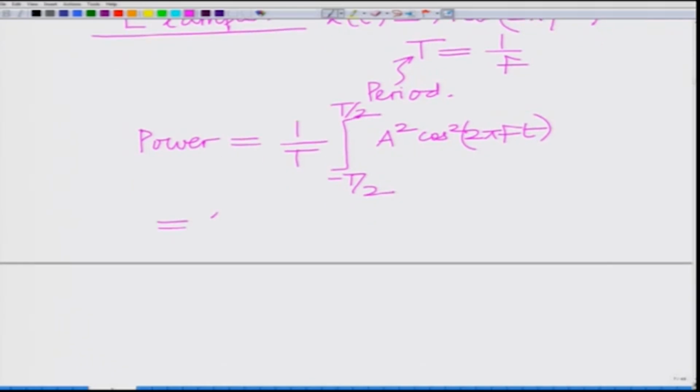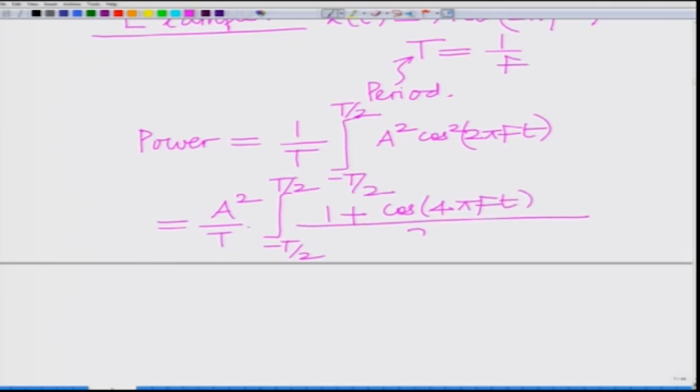Now I can bring the A squared outside, as A squared is a constant: A squared divided by T integral minus T by 2 to T by 2 of cosine squared 2 pi f t. Recall that cos squared theta is (1 plus cos 2 theta) divided by 2. So, cos squared 2 pi f t is (1 plus cosine 4 pi f t) divided by 2.